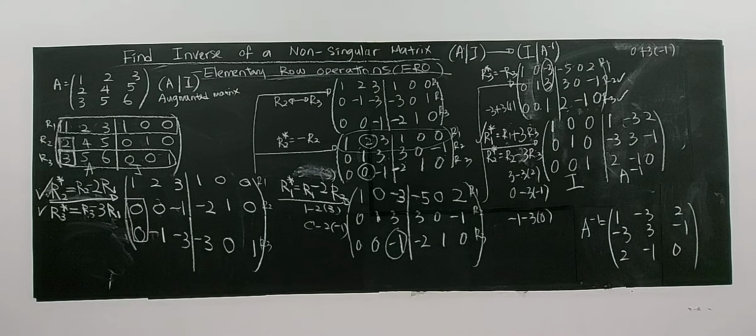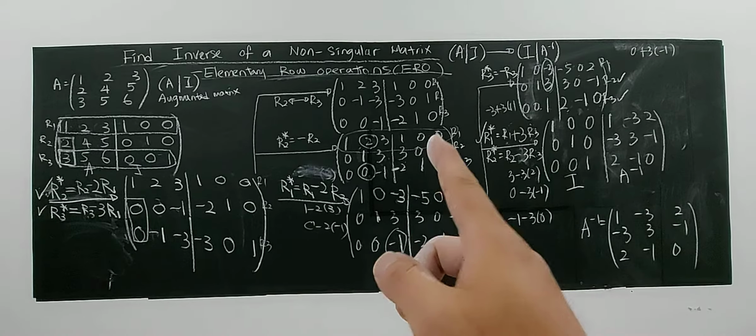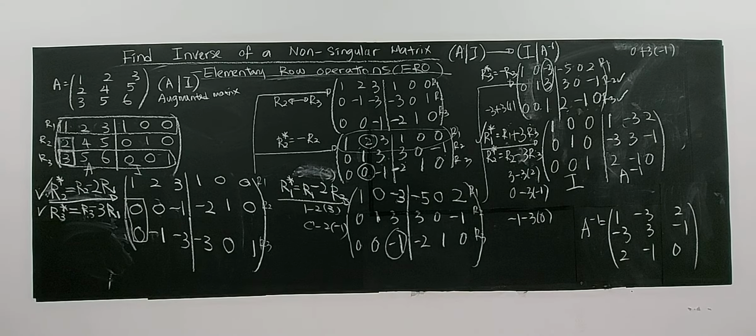Okay, finally you have reached the inverse by using elementary row operations, right? So this is the technique of finding the inverse by using elementary row operations. Hope that during watching this video, you go slowly. Okay, so see you.